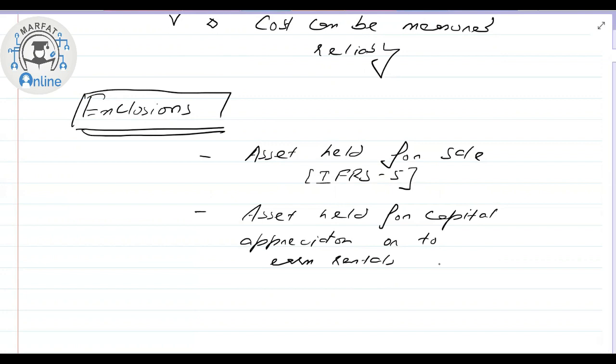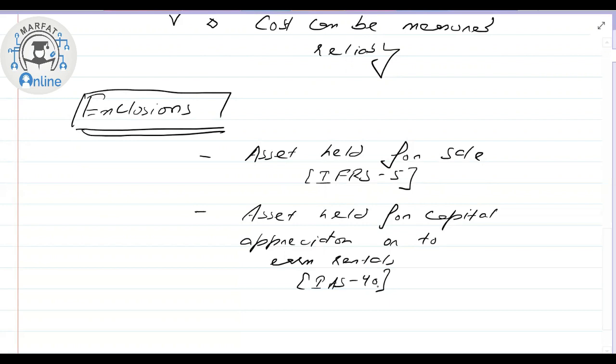In one building you have your office, the other building is on rent. You have given it on rent and the company is enjoying the rentals. So that building which is producing the rents should not be classified under IAS-16, and it has a separate standard, which is IAS-40.